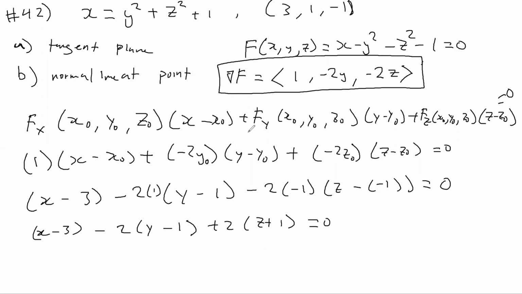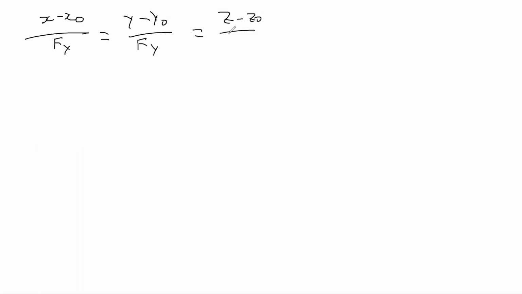So going back to definitions of lines, we can write this equation for lines: x minus x naught all over f sub x, which is equal to y minus y naught over f sub y, which is equal to z minus z naught over f sub z.